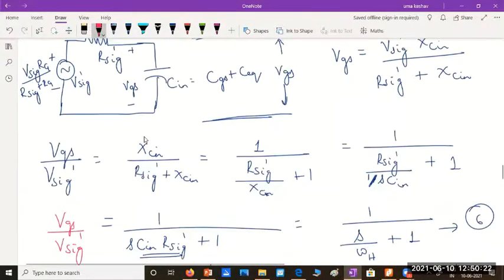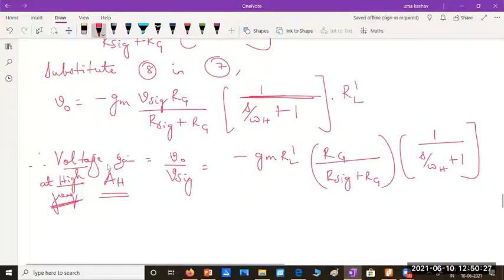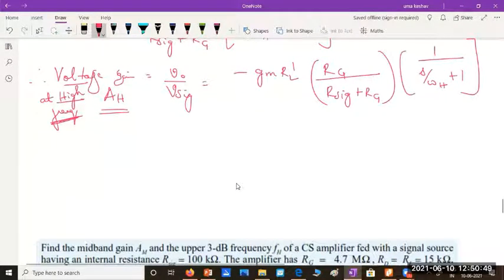So whatever gain we get, it is nothing but the voltage gain of the circuit at high frequencies. So we can easily call it with the subscript H. A represents the gain. Subscript H means gain at high frequencies. Okay. So this AH is given like this. Now, do you remember the expression for the mid-band voltage gain? Can you recall what was the expression for mid-band voltage gain?